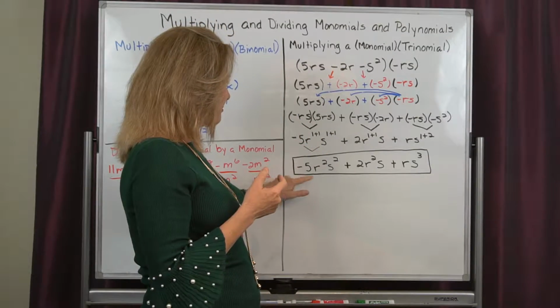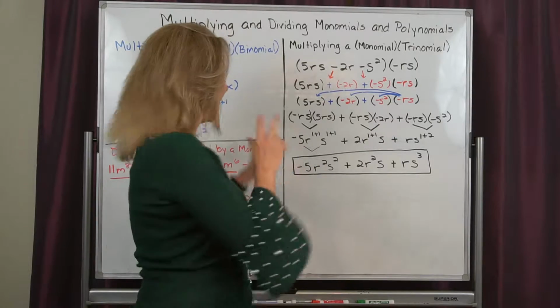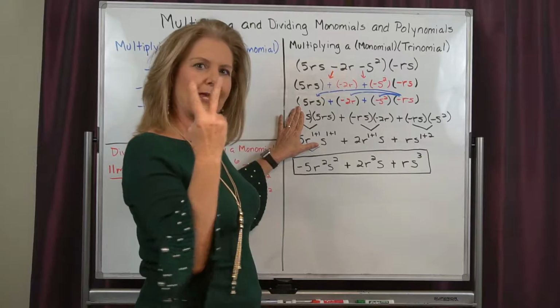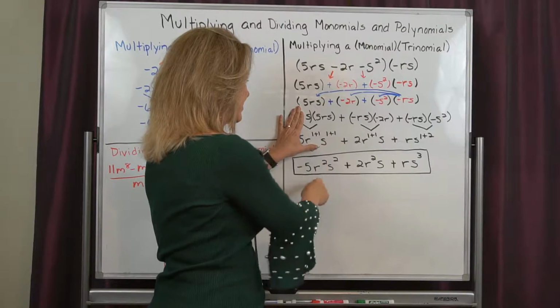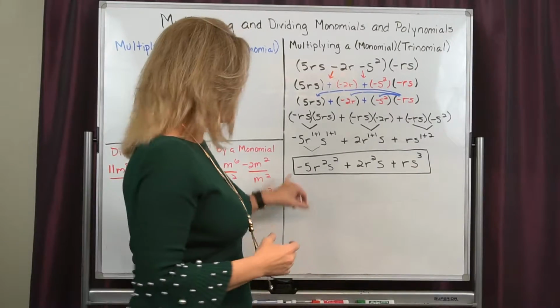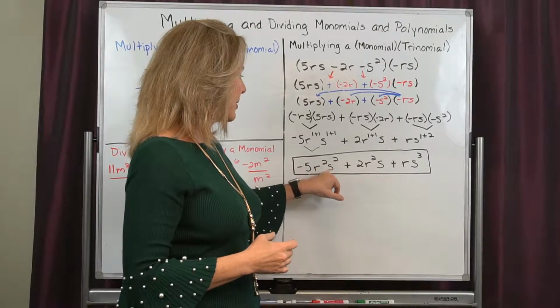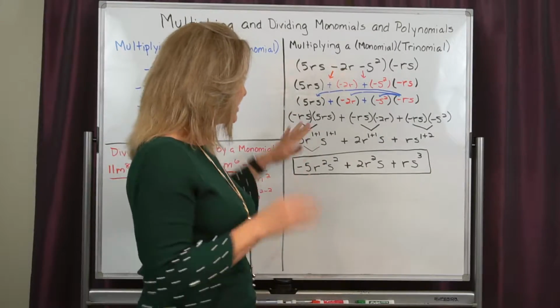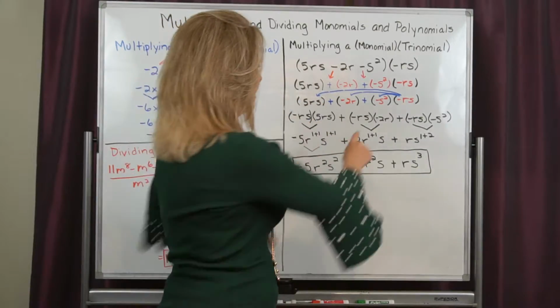Well, r times r is r squared. And then I only focus on the s's. S times s, well, I have 2 of them, so I add those exponents, I get s squared. So that term becomes negative 5r squared s squared. So you always keep those variables separate. So let's go to the second set of terms.